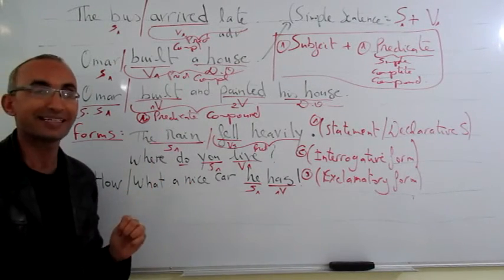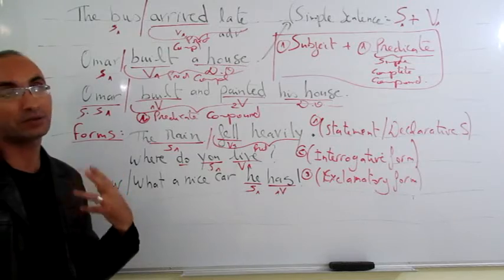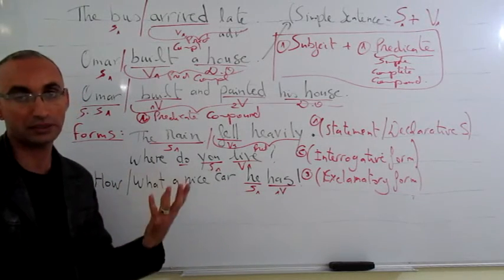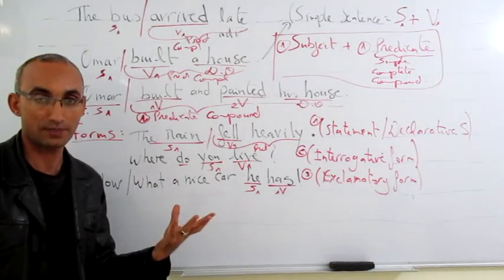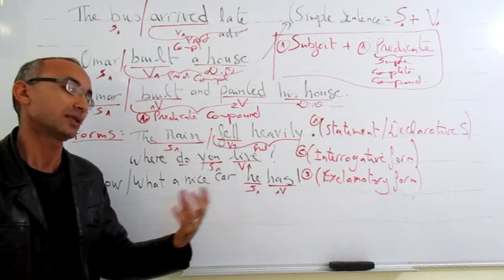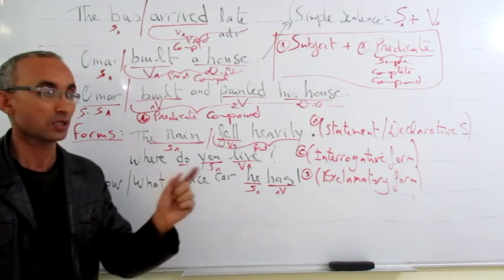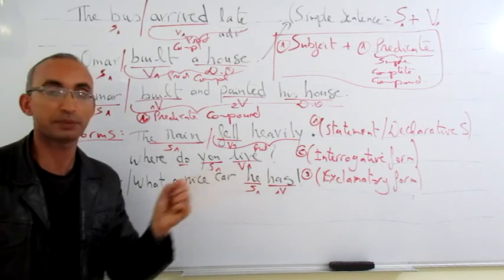The fourth one is when we give either orders or requests. When we pose requests, for example: do your work, close the door, help me please.